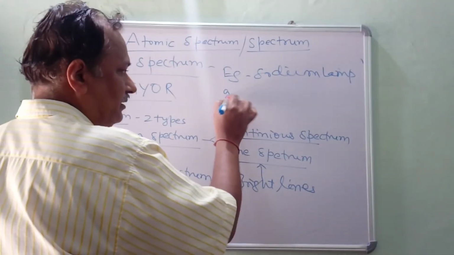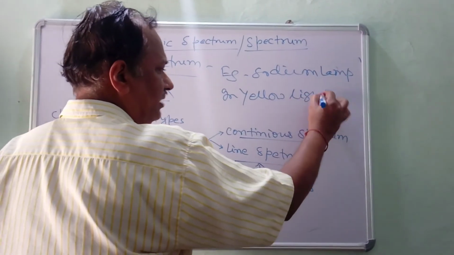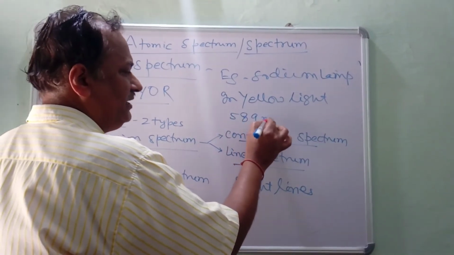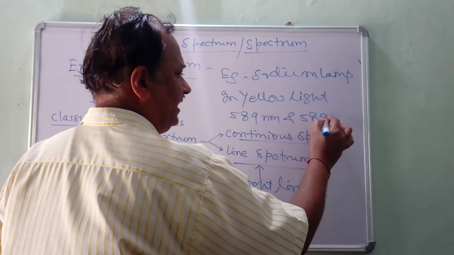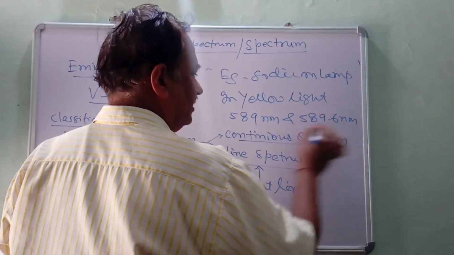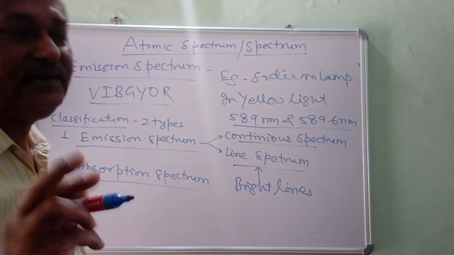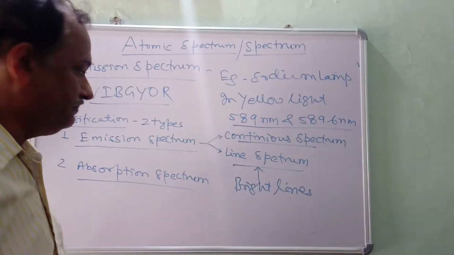So in the yellow light, at 589 nanometer and 589.6 nanometer, two bright lines are obtained. So this is called a line spectrum.